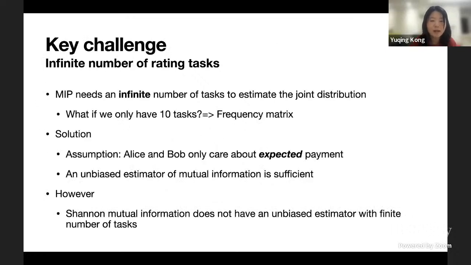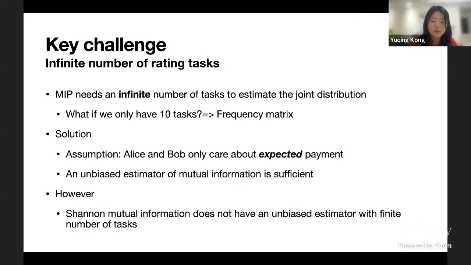Okay. And I think you already noticed that the problem here is that we need an infinite number of restaurants. They need to rate an infinite number because we want a perfect estimation of the joint distribution. In practice, they may only rate 10 restaurants. We only assign them 10 tasks. In such a case, we only get the frequency matrix, like how many restaurants they both like, something like that.